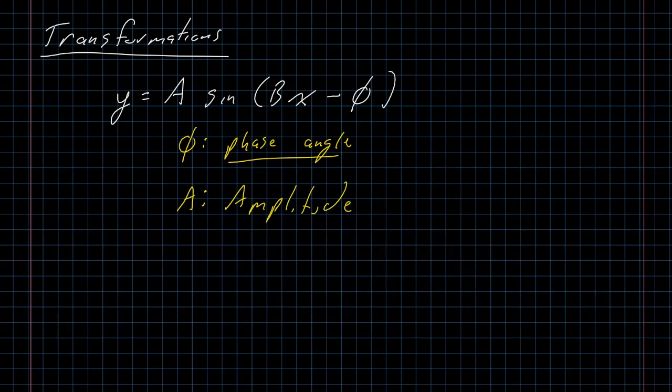I want to mention here that A controls the amplitude of the function. And the other thing that I want to mention here is that the period of the new graph is related to B, but not exactly the same.